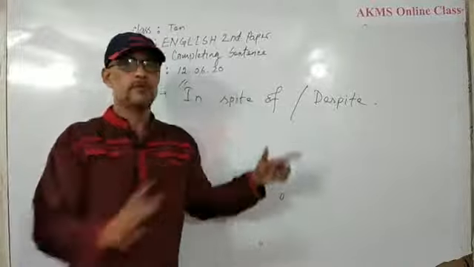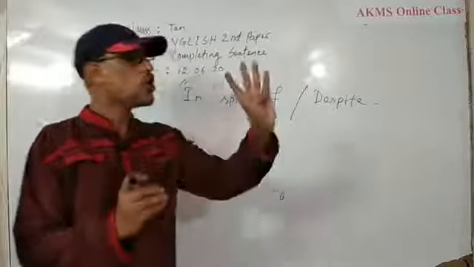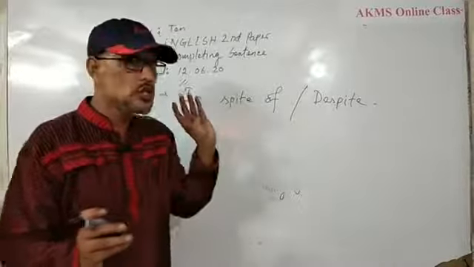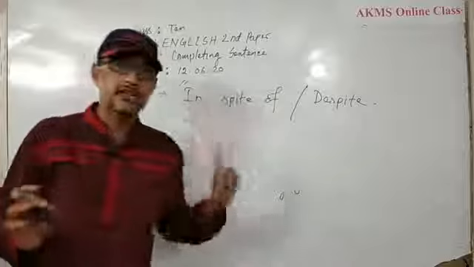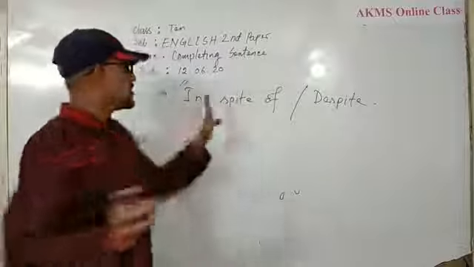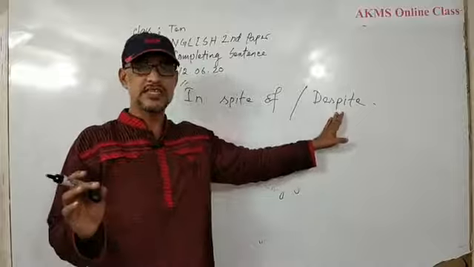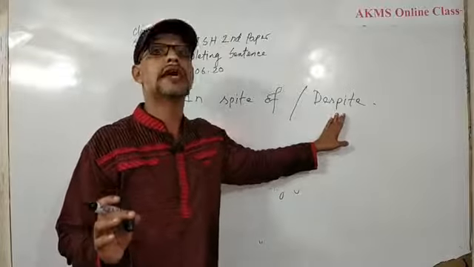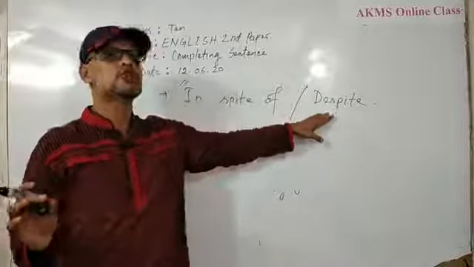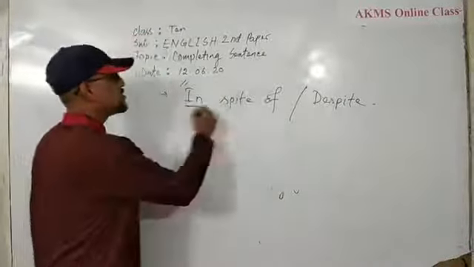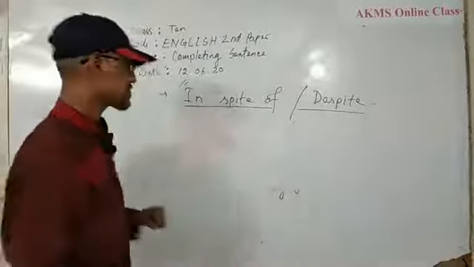In spite of এবং despite এর অর্থটা হচ্ছে সত্ত্বেও. Though, although অর্থ হচ্ছে যদিও, even if এমনকি যদিও, but or yet কিন্তু তবুও, in spite of or despite will express the meaning সত্ত্বেও. Now, these are the linkers, not conjunctions.